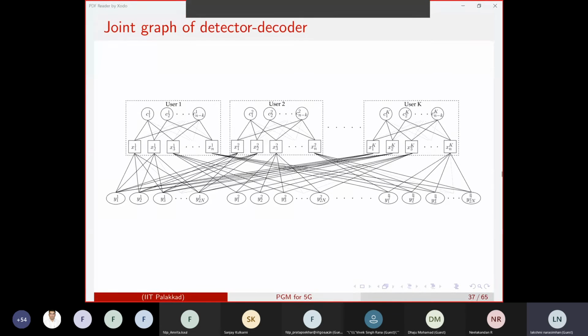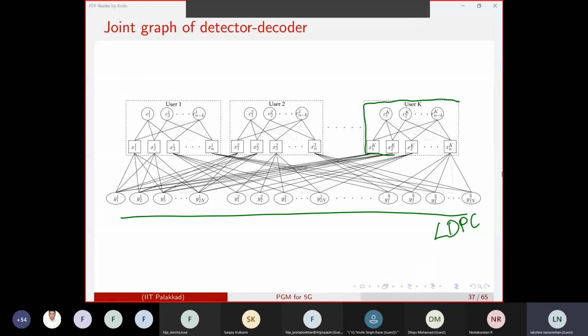So we have what is known as a joint graph or joint graphical model, where there is one huge graph. The huge graph typically represents the LDPC part because the LDPC codeword sizes are huge. They are typically on the order of thousands, whereas the antennas are typically in the hundreds. So we'll have multiple blocks of received signals.